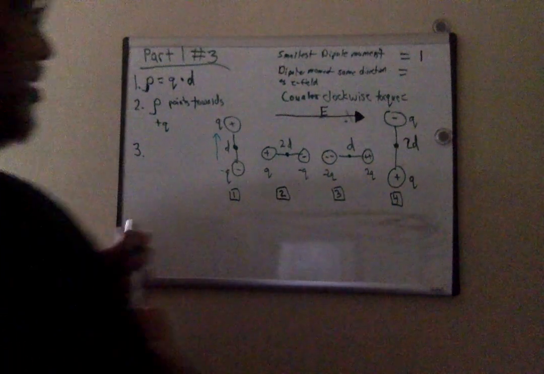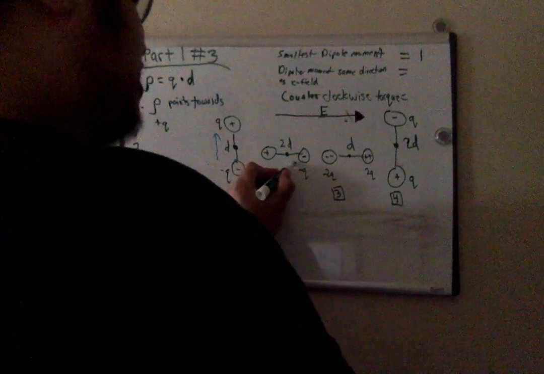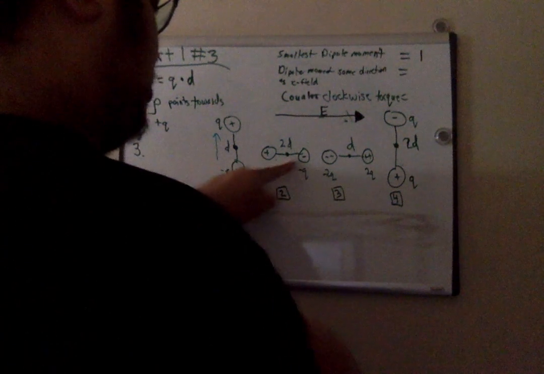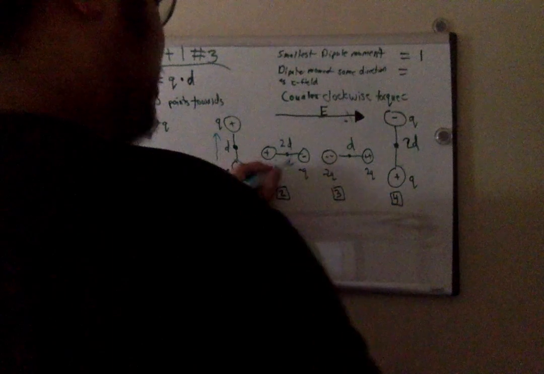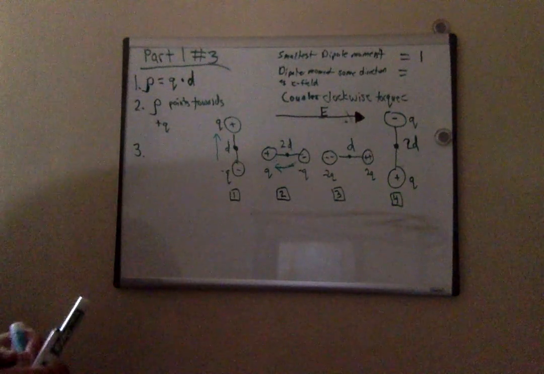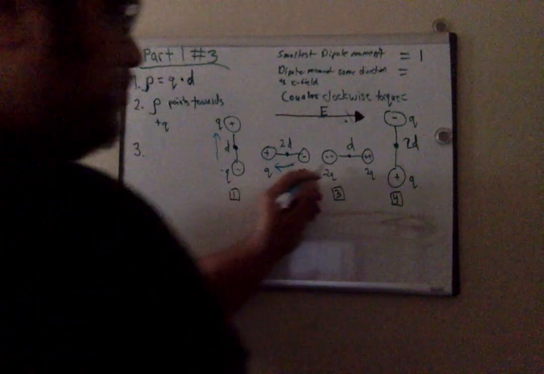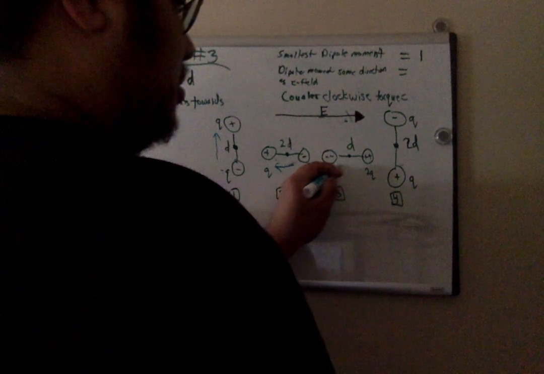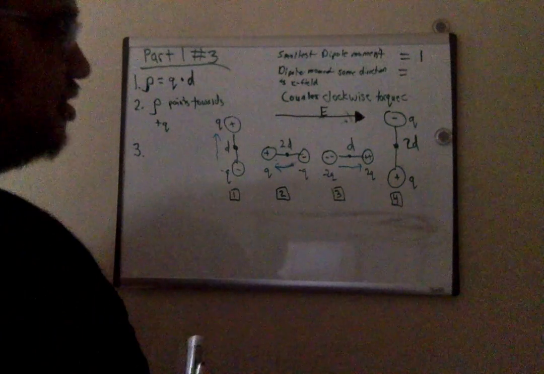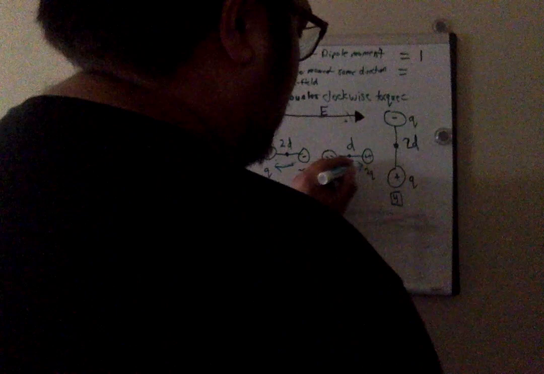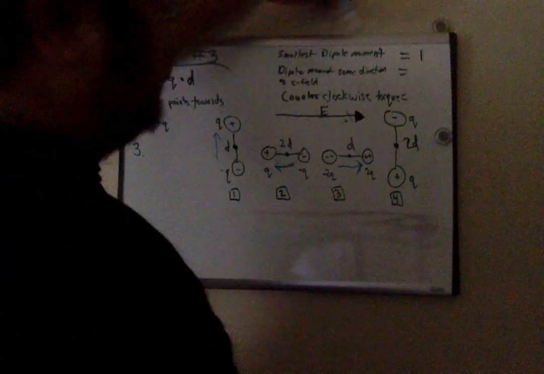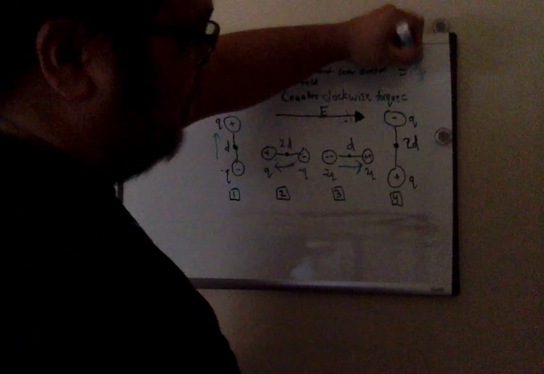Here, the dipole moment points towards the positive charge again, which is this way. Not aligned with the electric field. Here, the dipole moment points again towards the positive charge. This arrow is pointing the same as the field. Therefore, the dipole moment in the same direction as the E field is number 3.